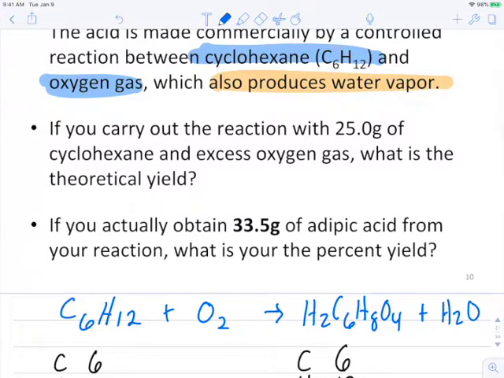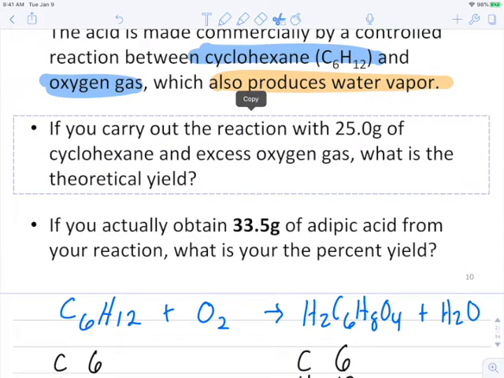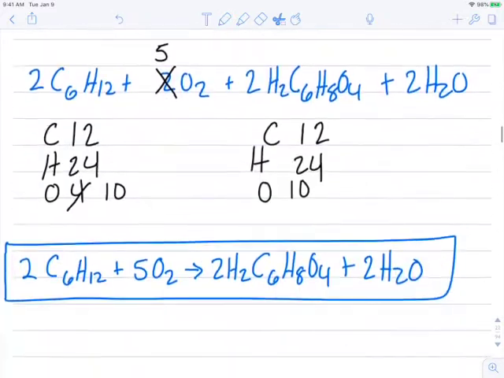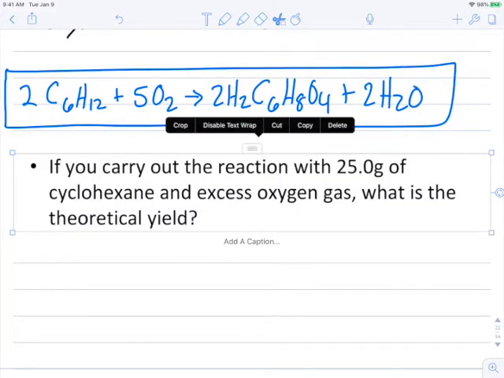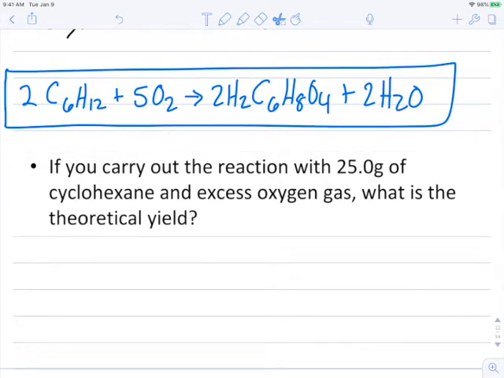So the first thing is that we are going to carry this out with 25 grams of cyclohexane and excess oxygen. We want to know what our theoretical yield is, and what we're talking about here is the adipic acid.